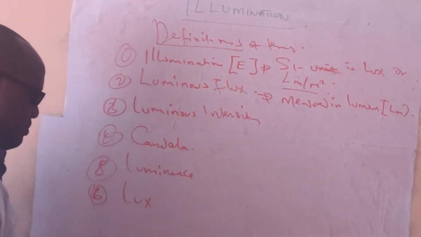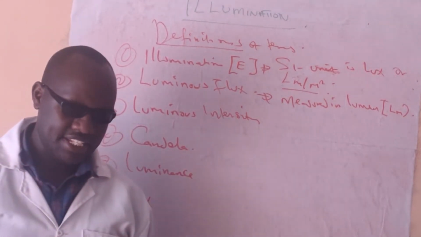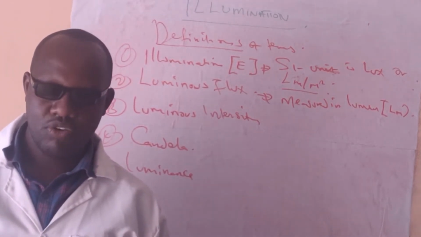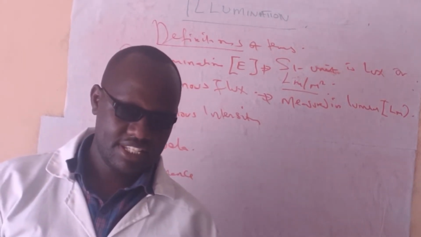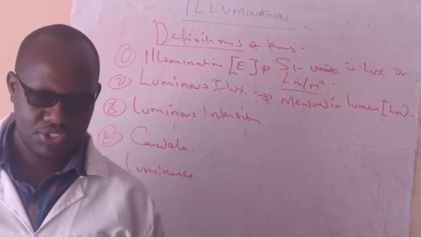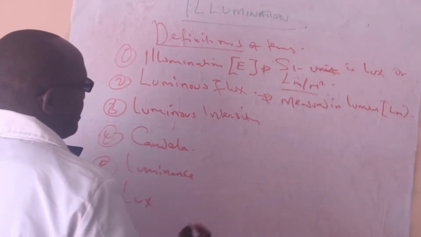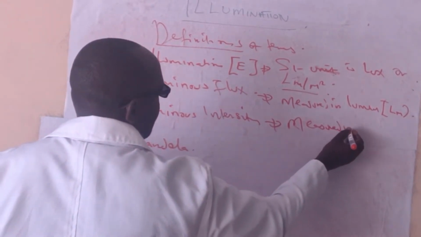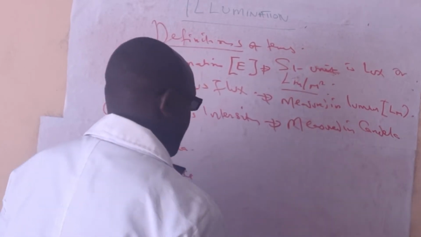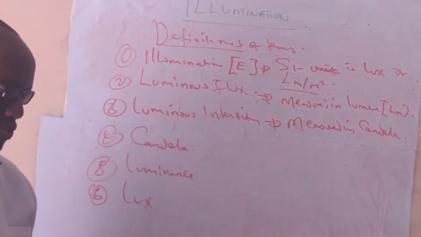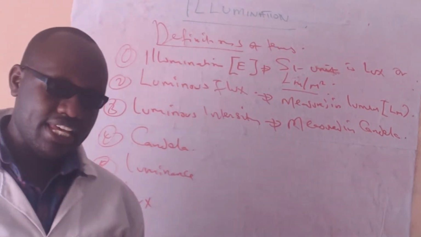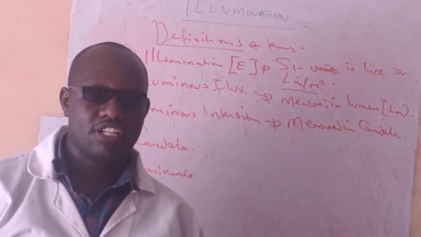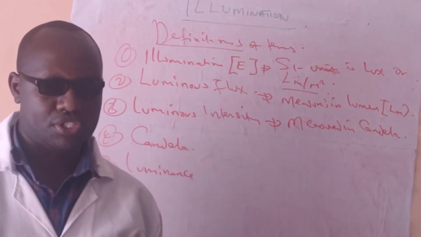Then we also look at the luminous intensity, which is defined as the flux emitted in a solid angle by a uniform point source.